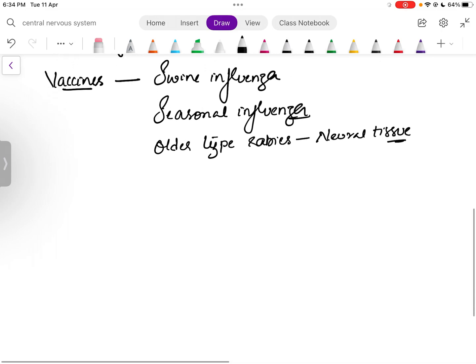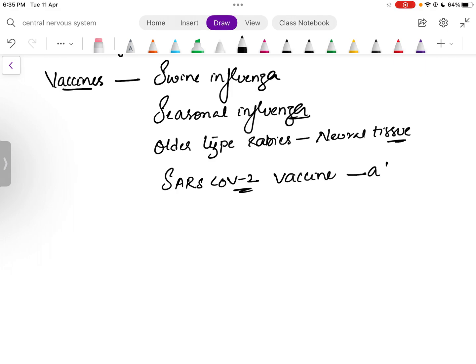And recently, SARS-CoV-2 vaccine, especially those with adenovirus vectors, can cause Guillain-Barré syndrome.